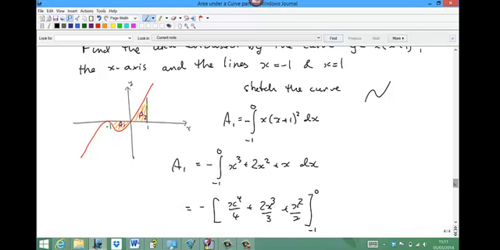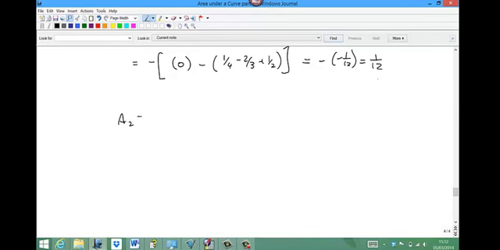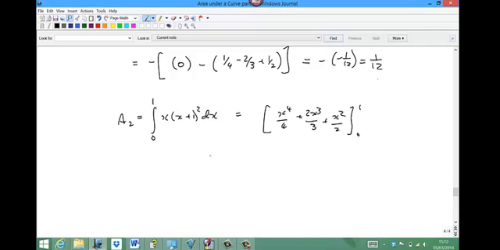A2 is the area between 0 and 1, which is a positive area, so we just need to integrate directly from 0 to 1. So A2 equals the integral from 0 to 1 of x times (x plus 1) squared dx. That integrates to the same function as before, from 0 to 1, and when we evaluate that we get a quarter plus 2/3 plus a half minus 0, and that equals 17 over 12.